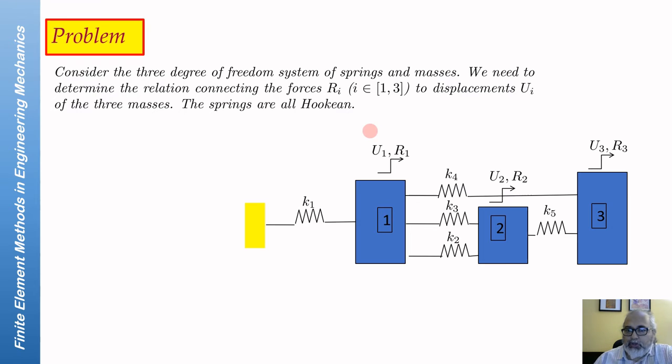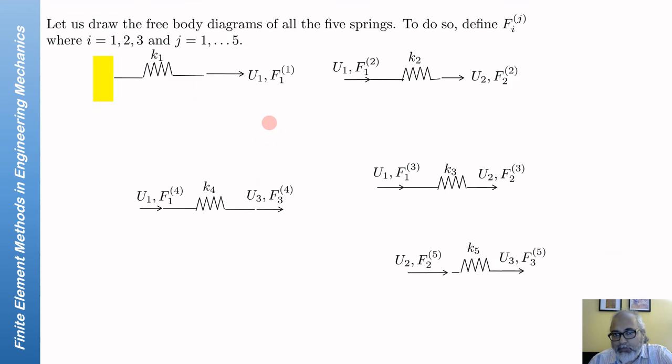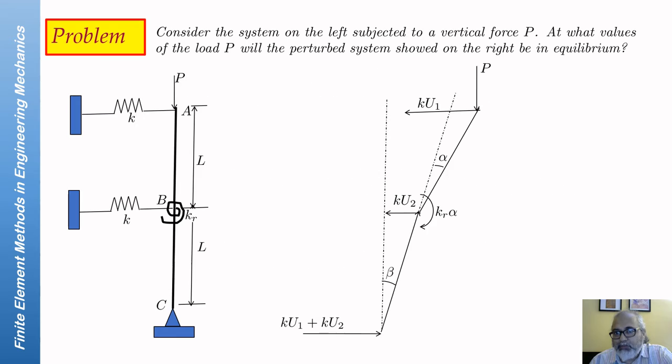So we have seen a problem where we are solving the static equation of motion, and we end up with ku equal to f kind of a solution. So this is the equation of motion. We have seen another problem, where we looked at the stability of a structure under particular loading, and there we ended up with an eigenvalue problem of this form.